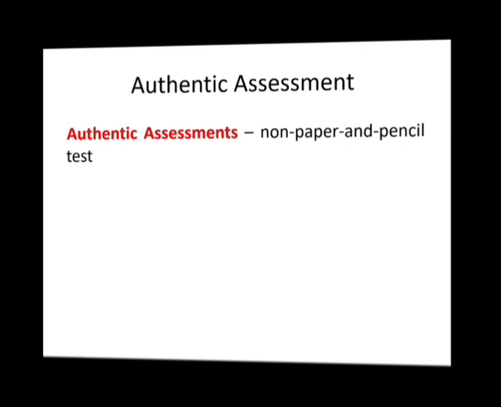When we say paper and pencil test, we are actually referring to the traditional assessment tools, which are multiple choice quiz, completion test, true or false. So all of these are traditional paper and pencil tests. And reciprocal to this are the authentic assessments.